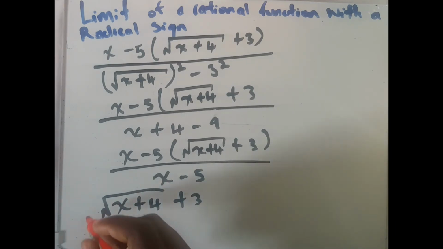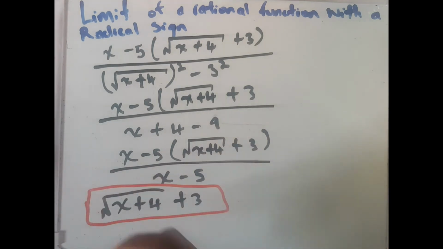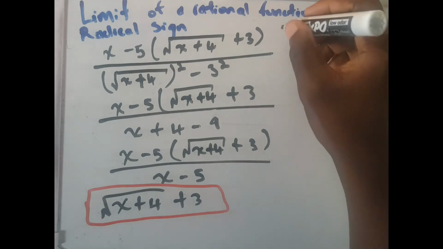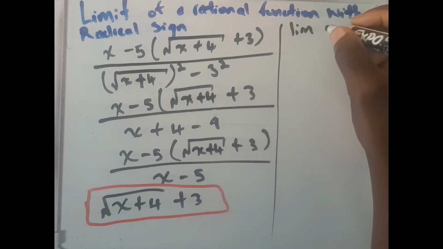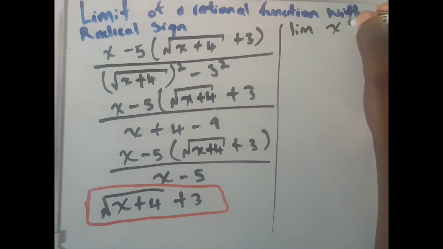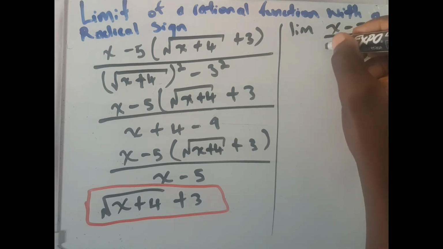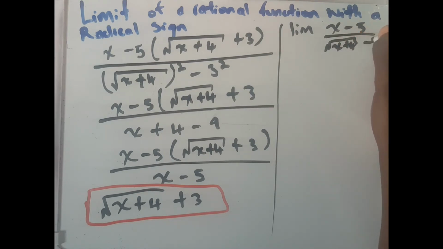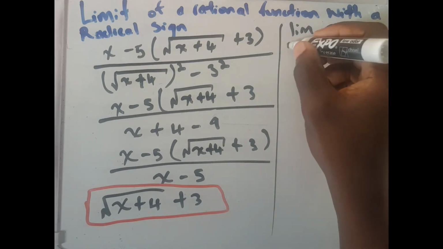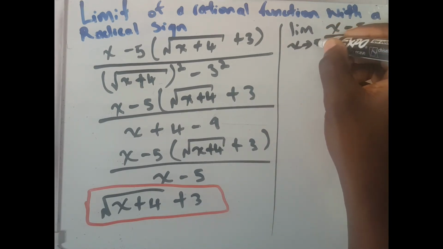Let me highlight this. So I will now find the limit. Remember, our question was to find the limit. Let me write the question here. The limit of the question was x minus 5 over root x plus 4 minus 3, as x approaches 5.